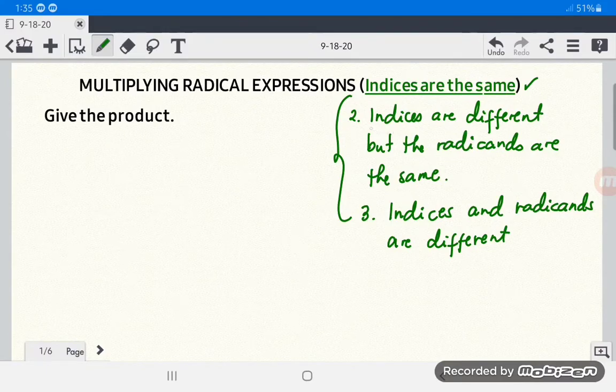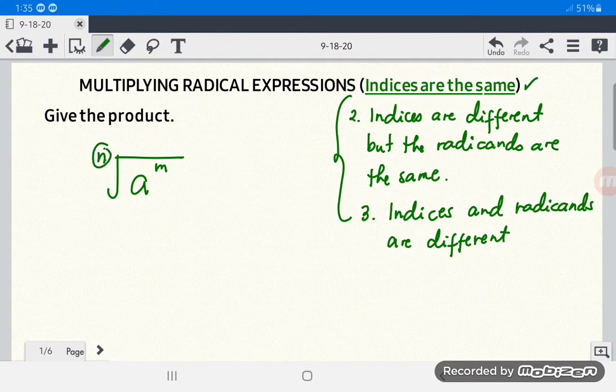So when we say indices, this is the plural form of index, and radicands is the plural of the word radicand. And what are these indices and radicands? Let us review the given expression, the nth root of a raised to the m power.